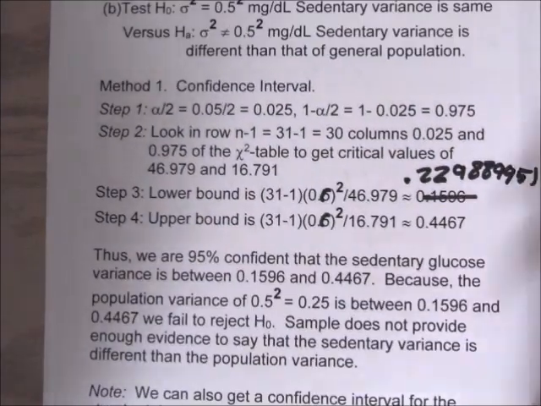And then the upper bound, 30 times 0.36 divided by 15.791, 0.64.